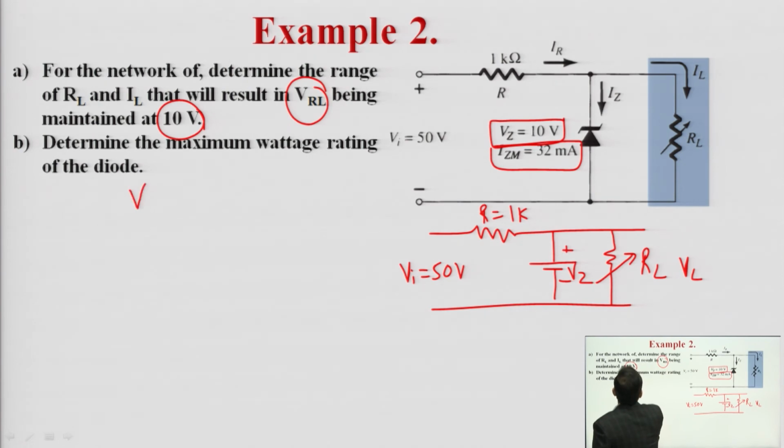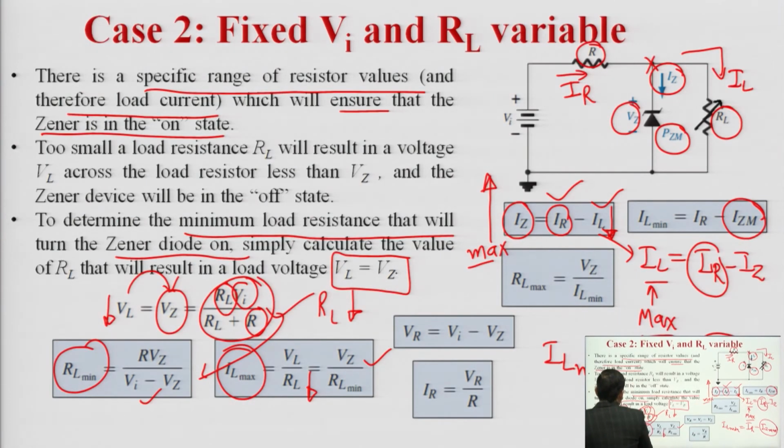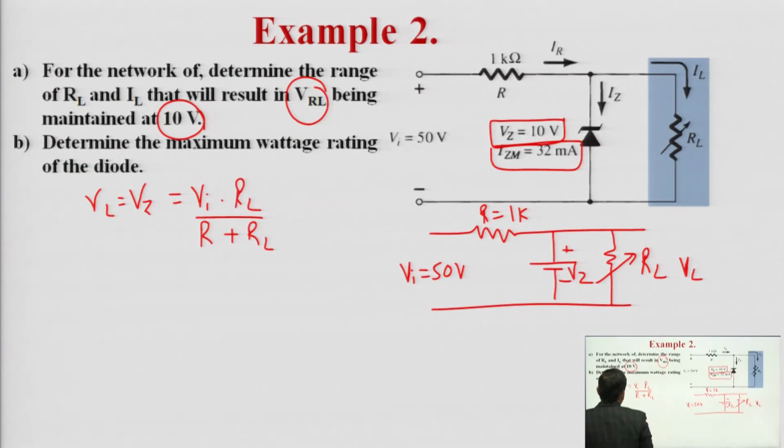So, we can say that Vz is equal to VL equals Vi multiplied by RL divided by R plus RL. Or we can directly calculate RL minimum, that RL minimum is R multiplied by Vz divided by Vi minus Vz.